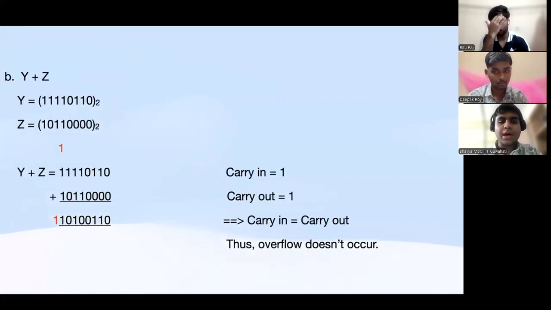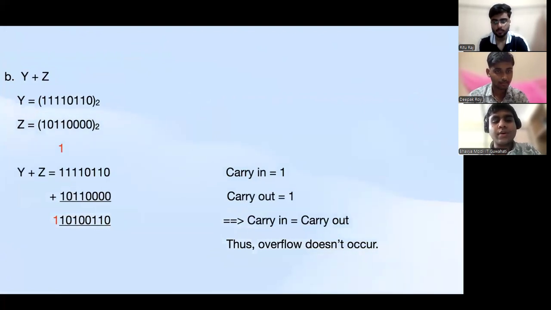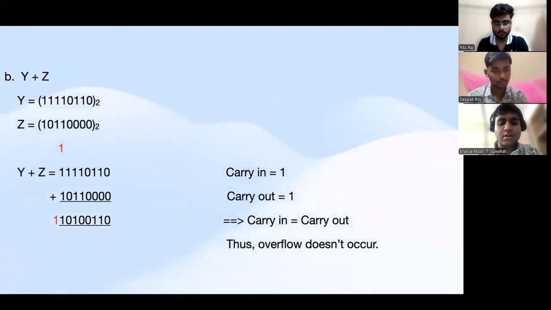So in the B part, we are going to see y plus z. Y is 1 1 1 1 0 1 1 0 in base 2. Z is 1 0 1 1 0 0 0 0 in base 2. Adding y plus z: 0 plus 0, 1 plus 0, and so on.